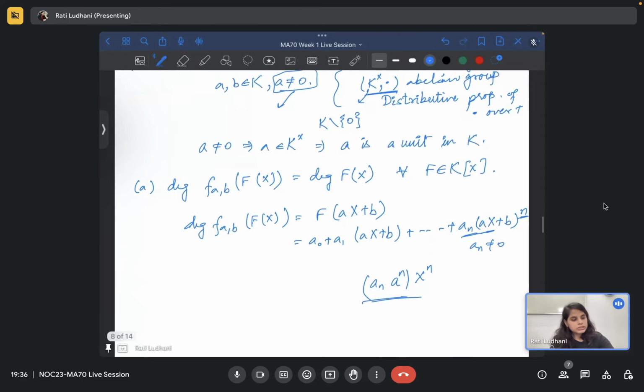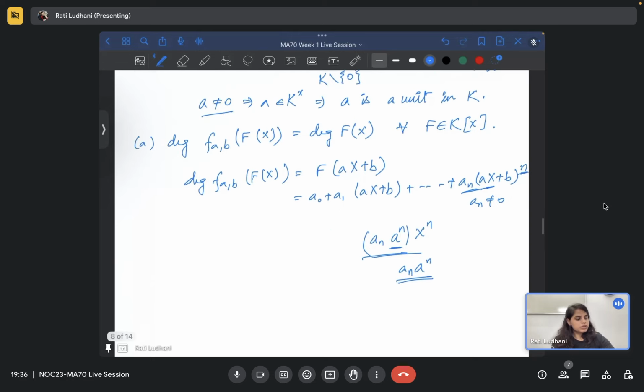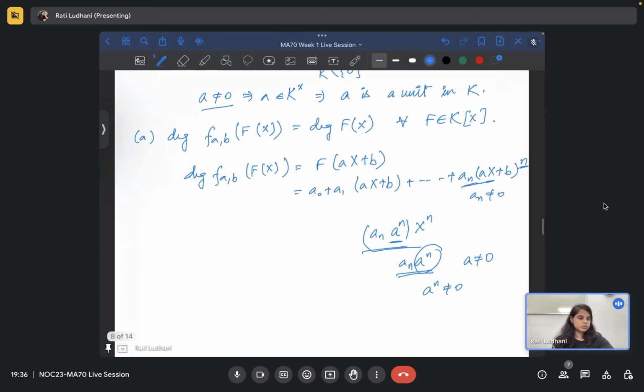Now it is given that a is not equal to 0. So a is a unit in k, or at least, for a_n a^n you need to check if this is 0. You know that a is not equal to 0, so a raised to power n will be not equal to 0, because this is an integral domain, or you can use the unit property. Unit is bigger, actually.